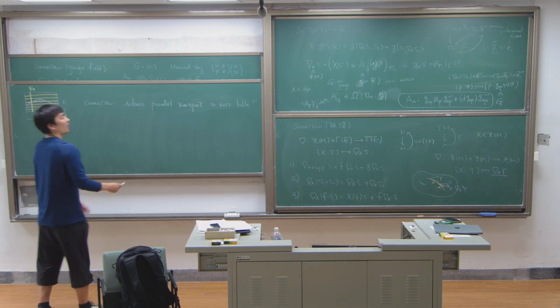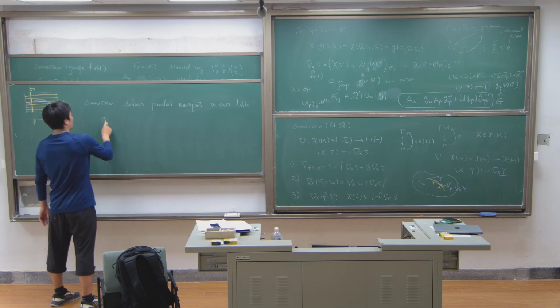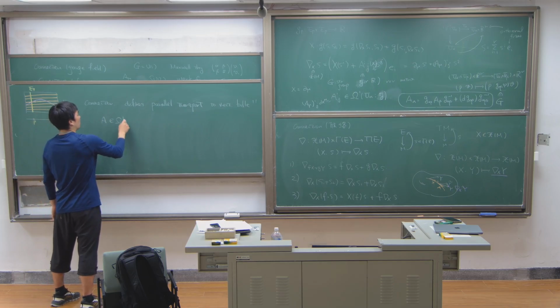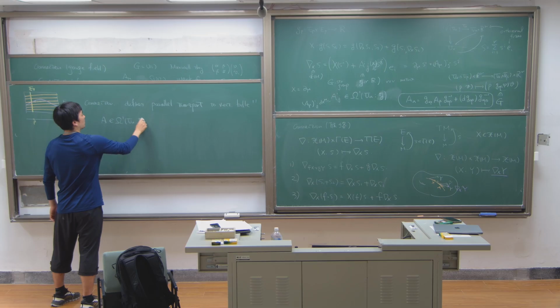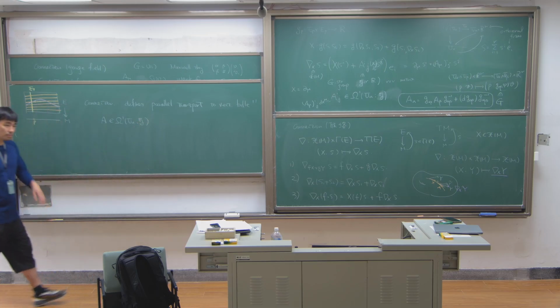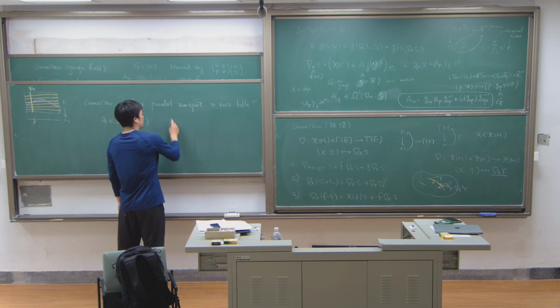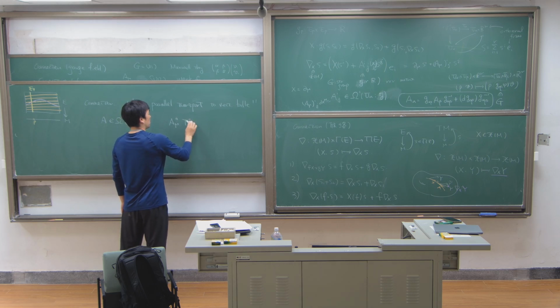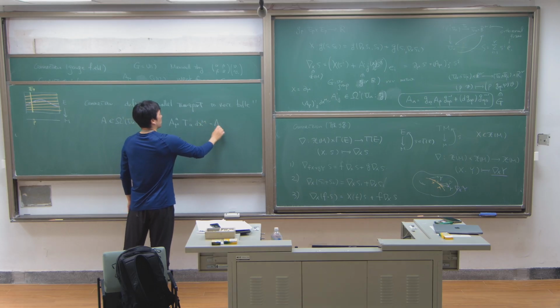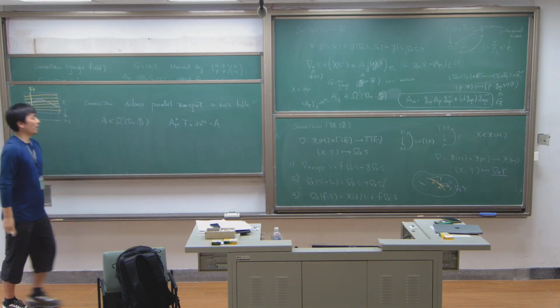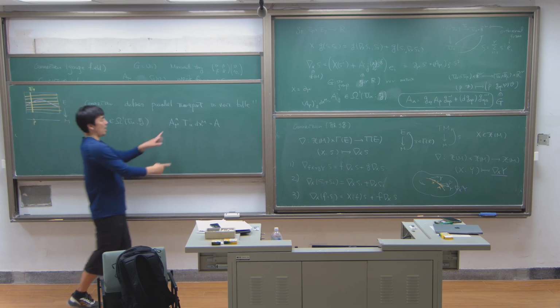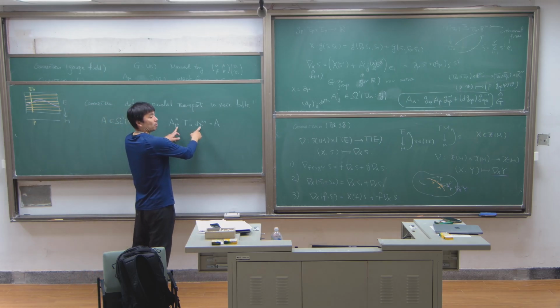Okay, so this connection A is a one form valued in the Lie algebra of G. Okay? And physicists often write it this way. So this A_mu dx^mu is a one form.